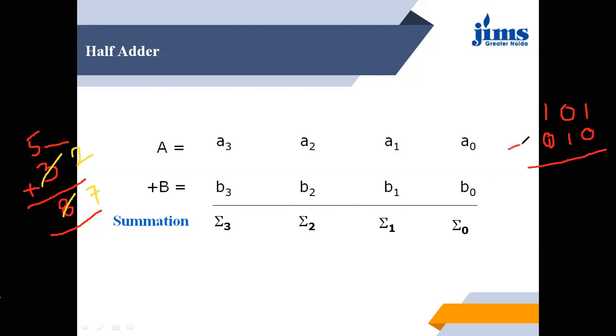When I add these two binary numbers, 1 plus 0 is 1, 0 plus 1 is 1, and 1 plus 0 is 1. So we get 111, and if I convert this number into decimal, it equals 7. So suppose this is the first number, this is the second number, this is the third number, and this is any other number.